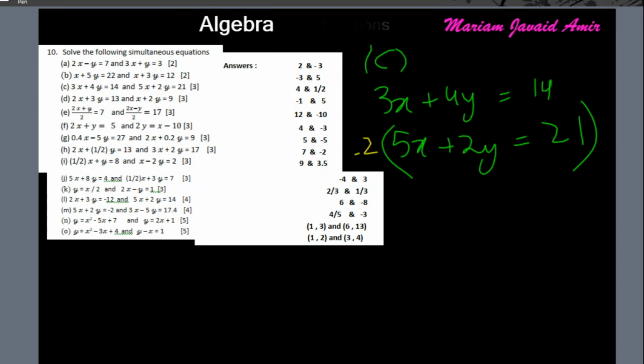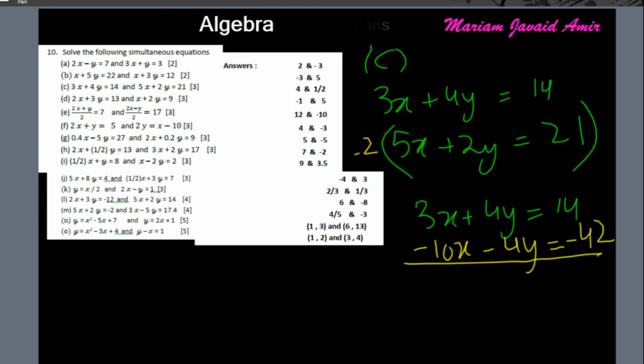That keeps the first equation unchanged, and the second equation becomes minus 10x minus 4y equals minus 42. So now add these, we get minus 7x plus 0 equals minus 42 plus 14.